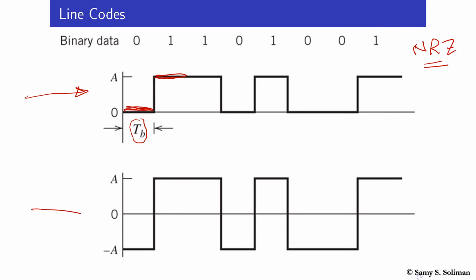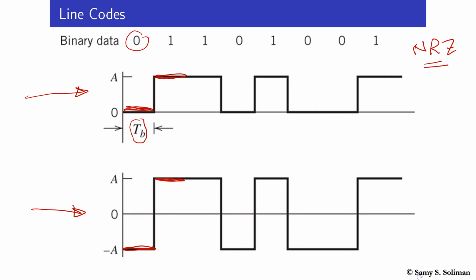For the next representation, as you can see, we are representing bit 0 with negative A volts, while bit 1 we represented with positive A volts. So in this case, we have polar representation, which means we use both polarities, positive and negative signals.